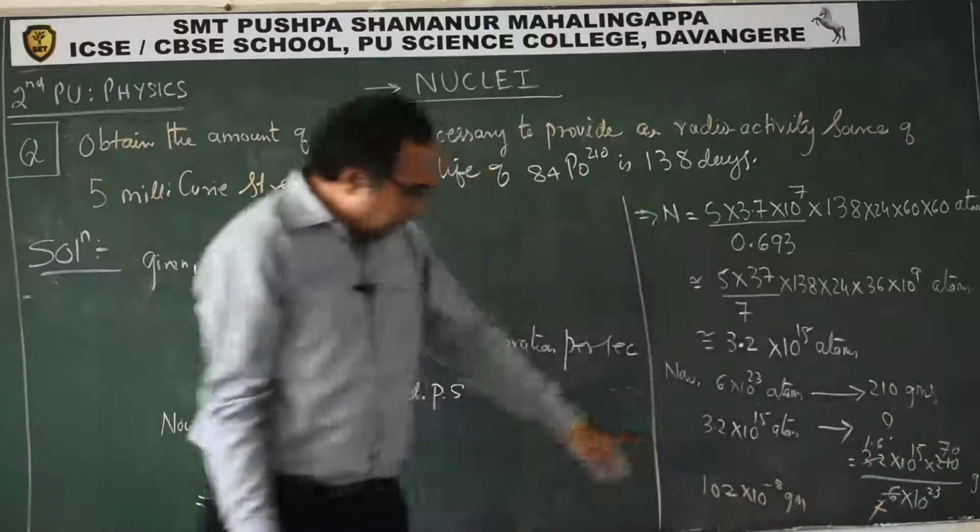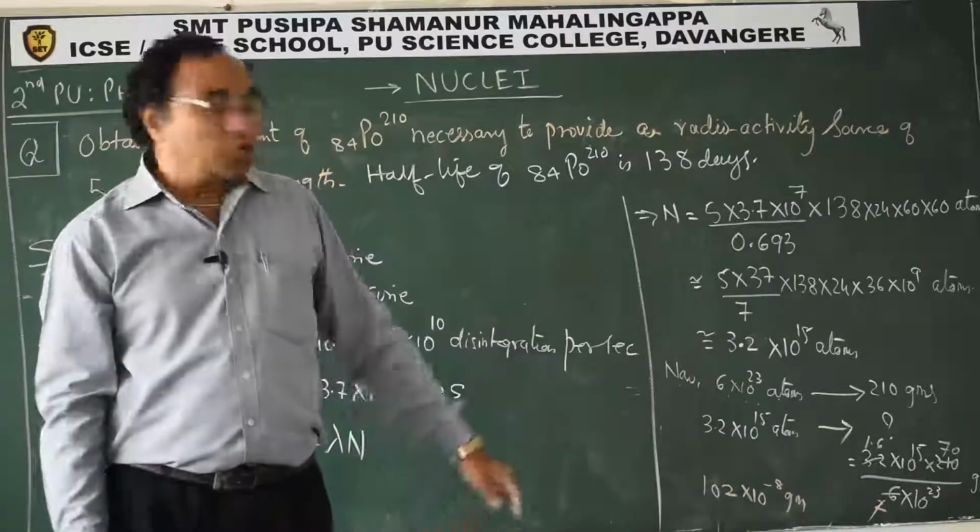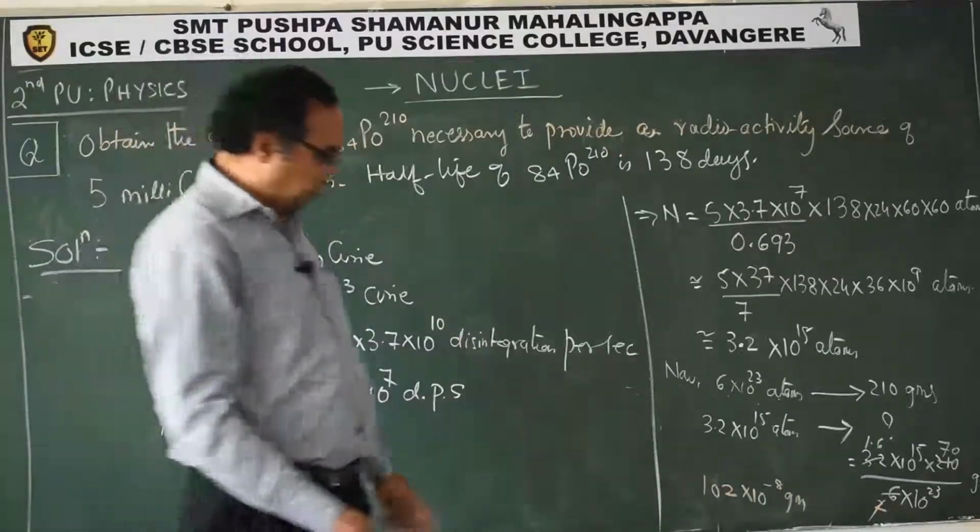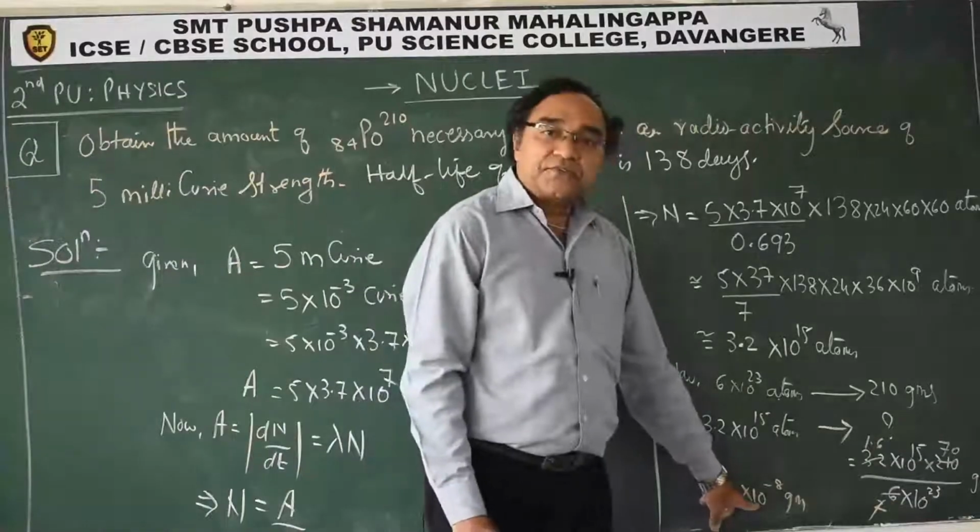So we can write this as 1.02 into 10 power minus 6 grams, that is, 1.02 micrograms.